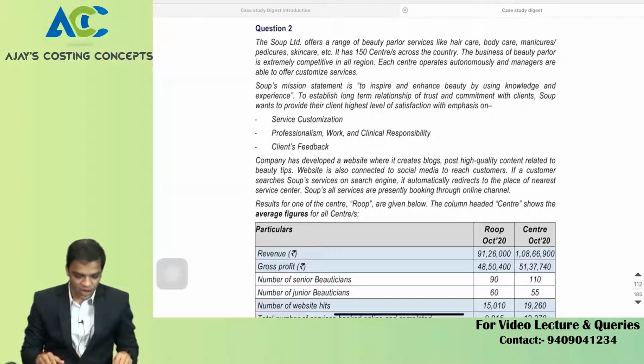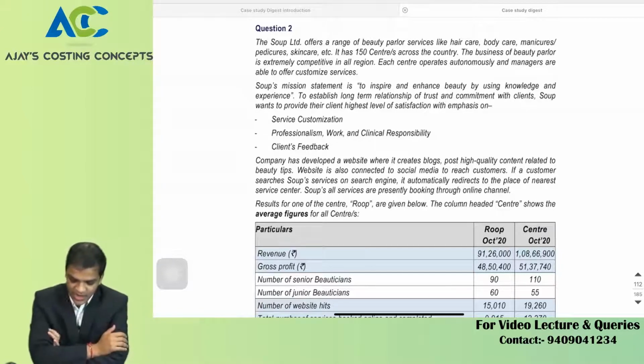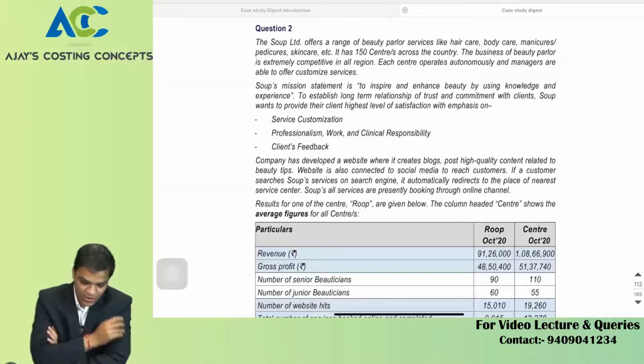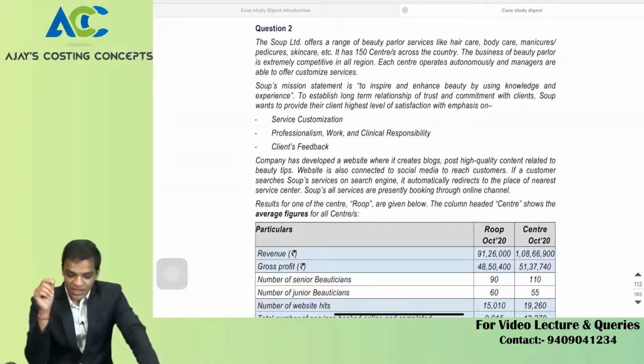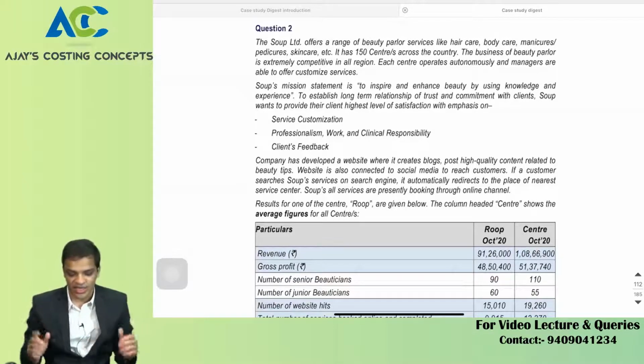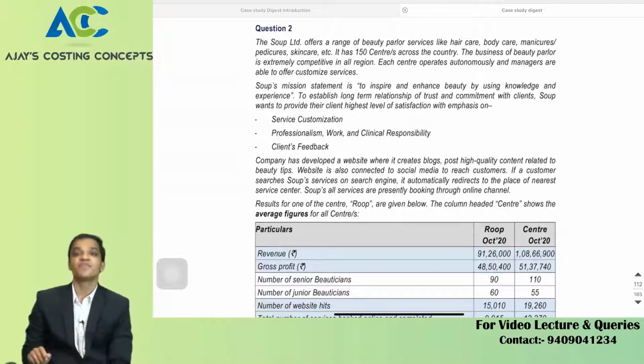The SOUP Limited offers a range of variety beauty parlor services like hair care, body care, manicures, pedicures, skin care, etc. It has 150 centers across the country. The business of beauty parlor is extremely competitive in all the regions, and each parlor operates autonomously and managers are able to offer customized services.